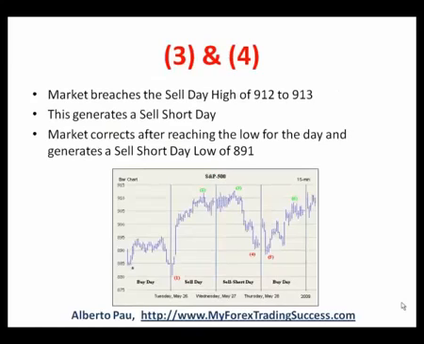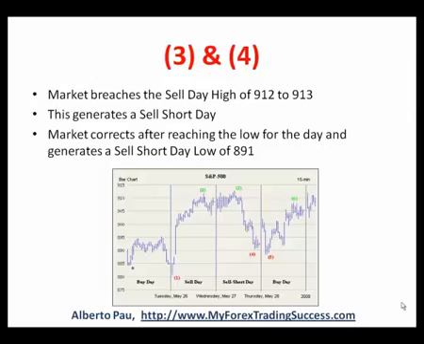Okay, we see that the market opens bullish, okay, and breaches the previous sell day high. Okay, so we go from 912, which was the previous sell day high, to 913. So this generates a sell short day. Okay, so we go short.